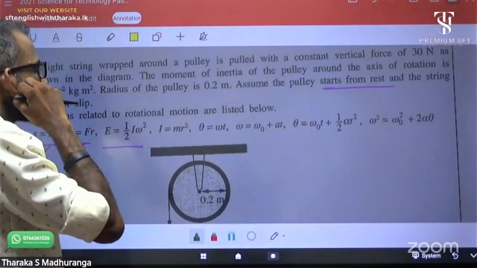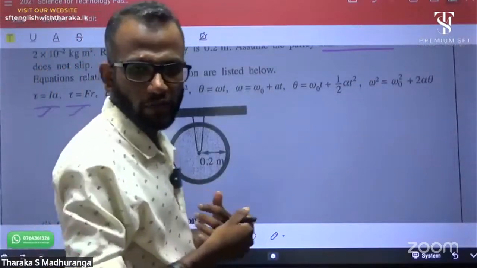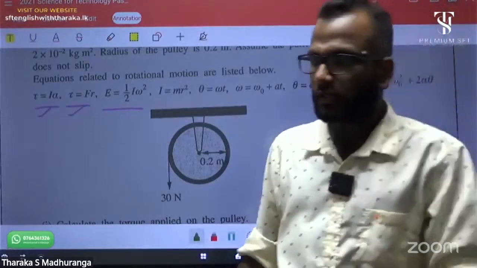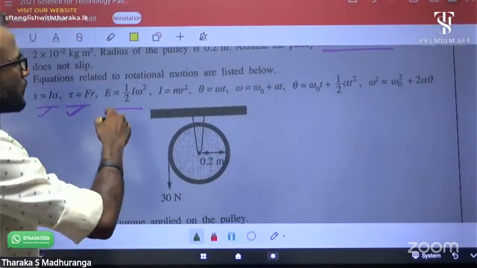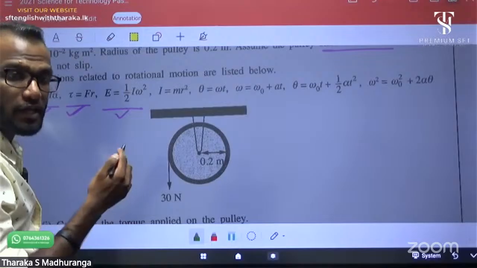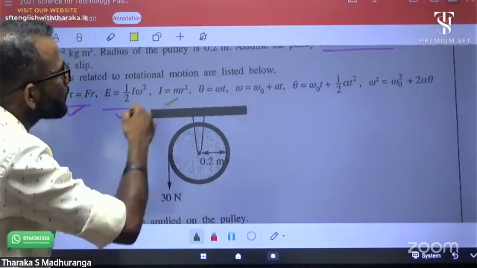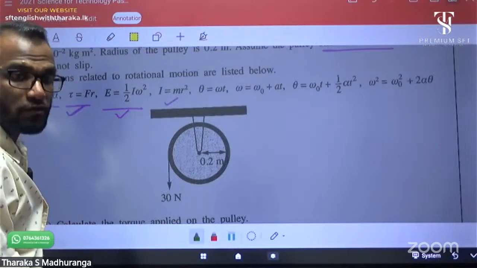Equations related to rotational motion are listed below. The first equation, torque equals I alpha, you already know, that is the torque equation. The second torque equation, torque equals F R. The third equation, rotational kinetic energy, half I omega squared. I equals m r squared, the moment of inertia equation.